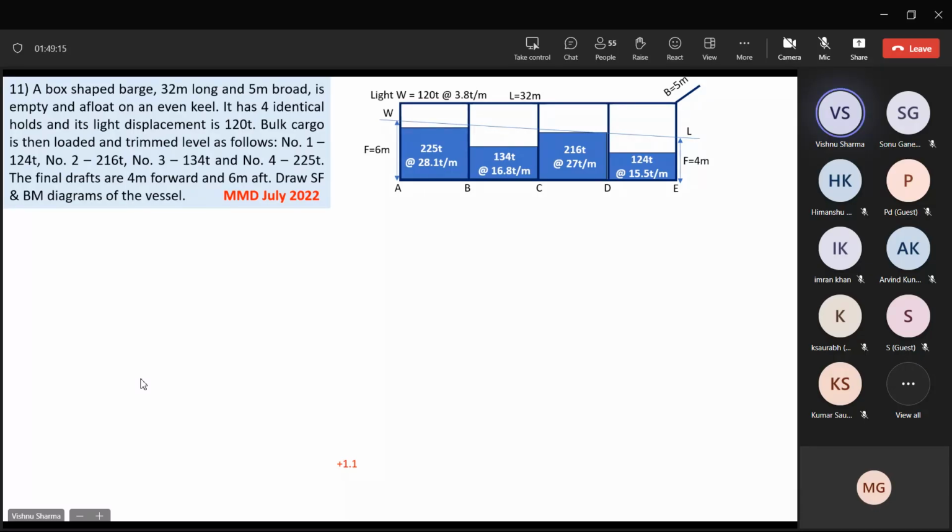Okay. Now, guys, tell me, when I say buoyancy per unit length, if I say buoyancy in tons per meter, what does it mean? That means it's the weight of water displaced per unit length. Length of how much? 1 meter.